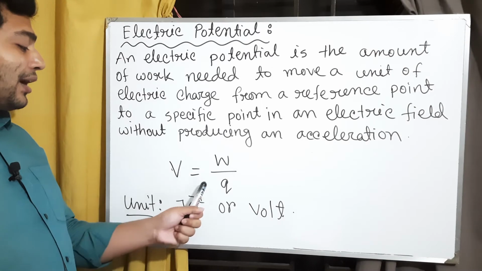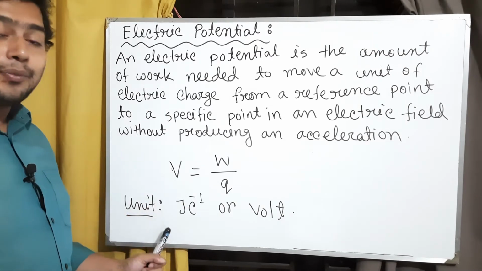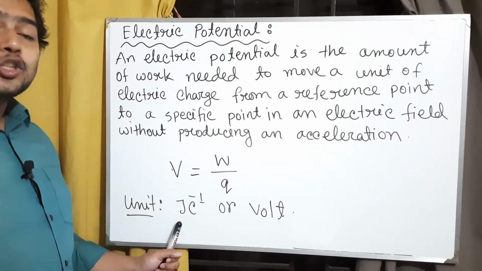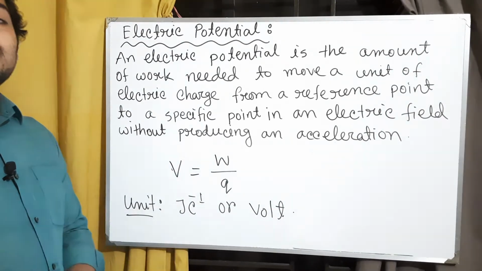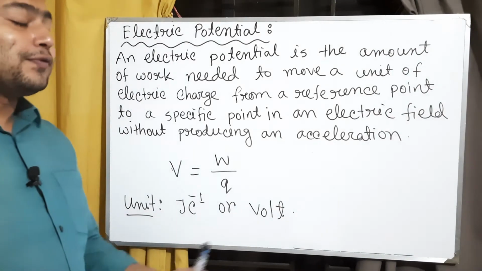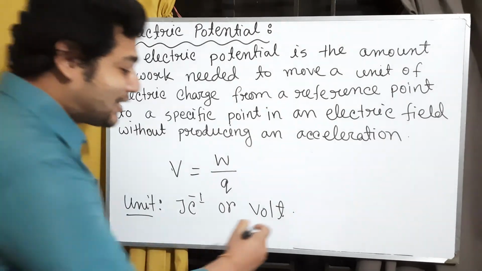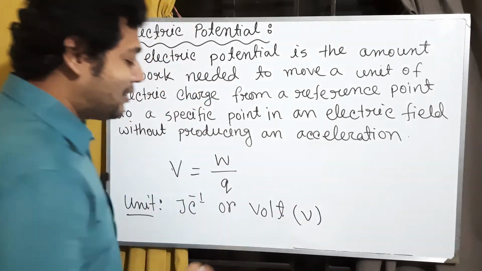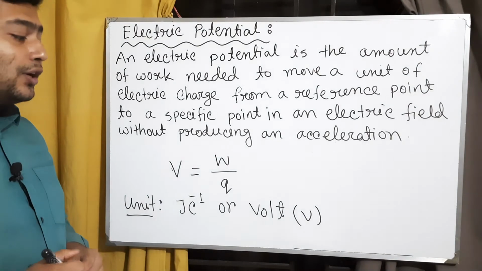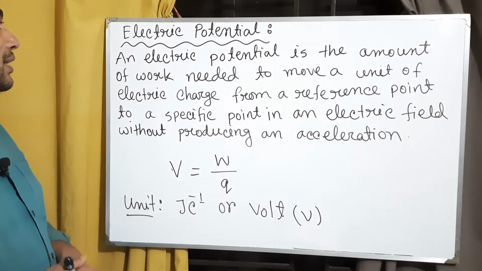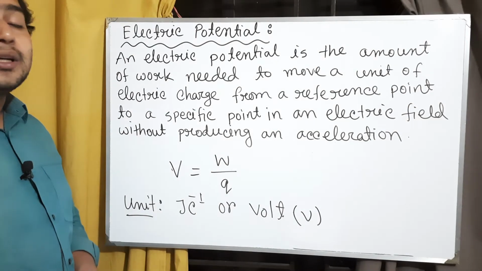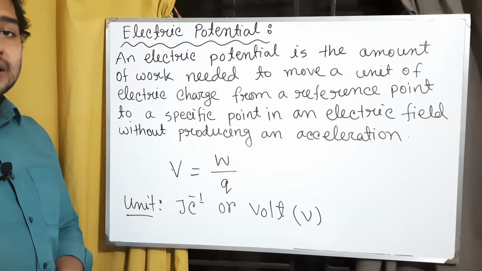So we can write the unit of electric potential is joule per coulomb, but it is formally known as volt, which is denoted by V. So, my dear boys, this is our electric potential.